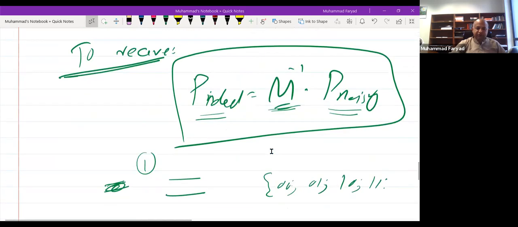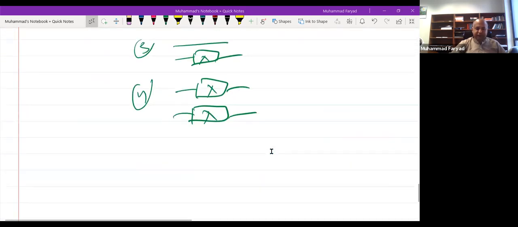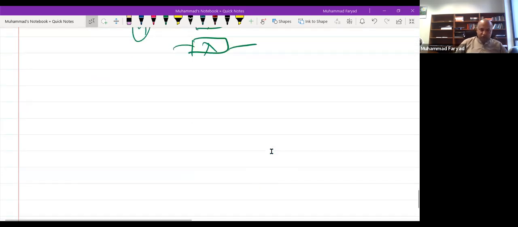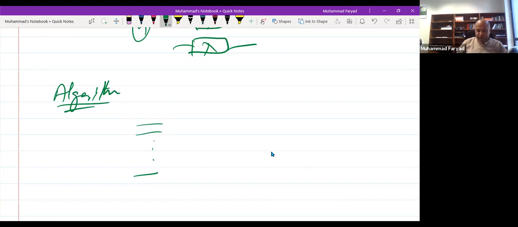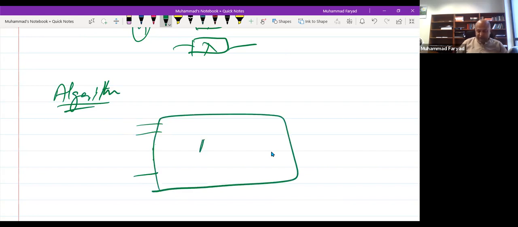And let me give a summary of what we are doing, and I think that will clarify. So in general, this is what is happening. If you have an algorithm, these are the steps. You have a bunch of qubits, then you run an algorithm, and then you get a certain state, and then you perform measurement on it.